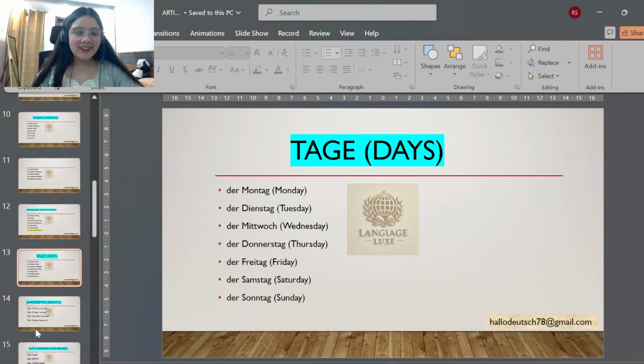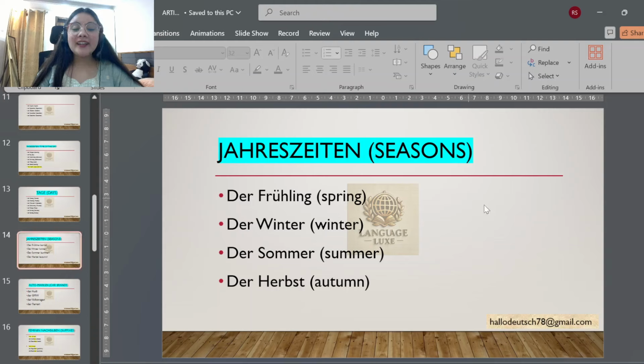Okay. Then comes Jahreszeiten. Jahreszeiten means seasons. We have 4 seasons. They are der Frühling, spring. Der Winter is winter.